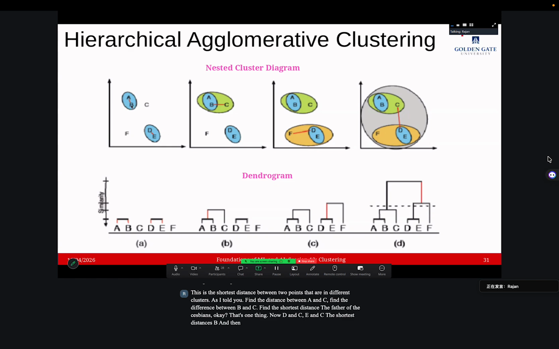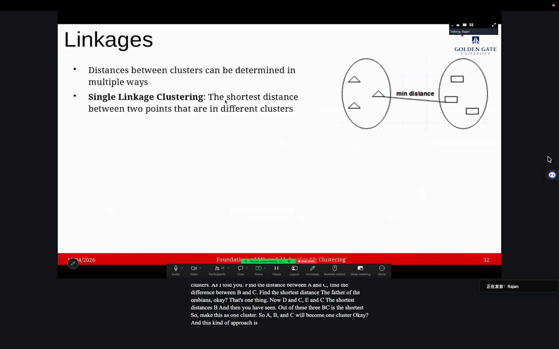Out of these three, BC is the shortest. So make this one cluster. So A, B, and C will become one cluster.